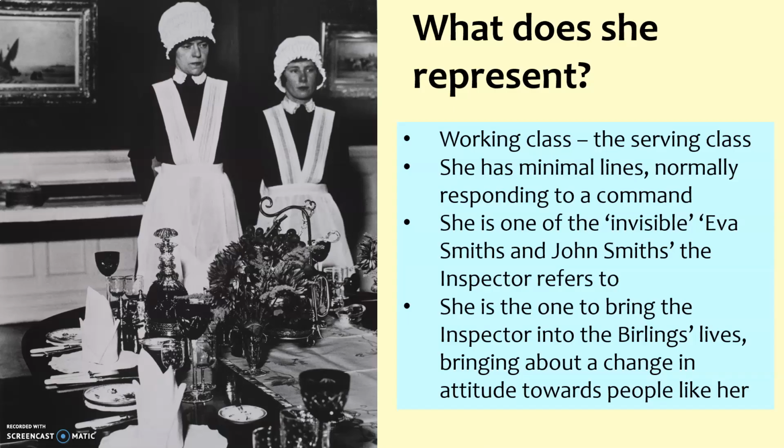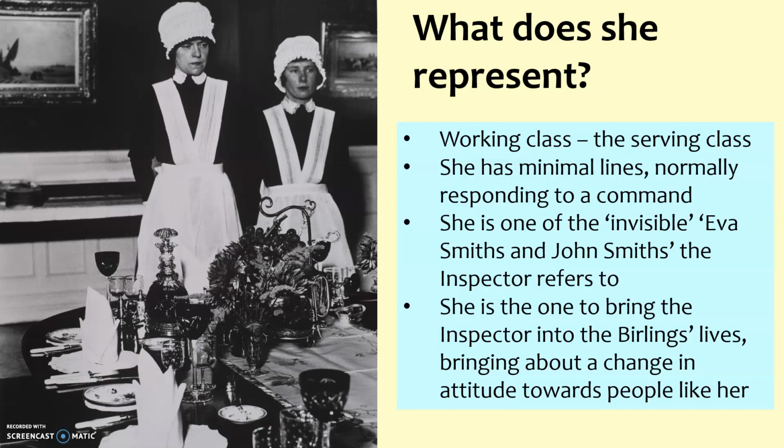So who does Edna, or what does she represent? Well, definitely the working class, and here I've put the serving class, like you see in the picture there, the servants, and there would be many people, but particularly women in this role at this time as well, servants and parlour maids and so forth.